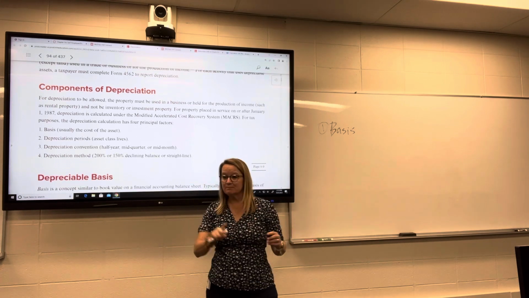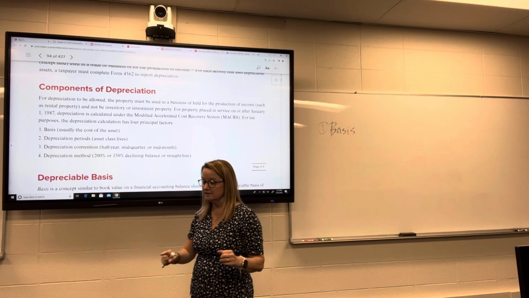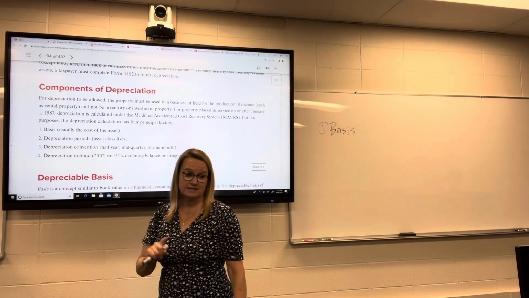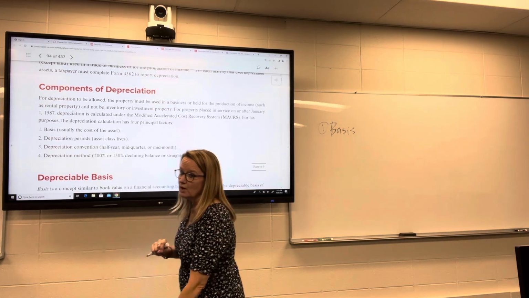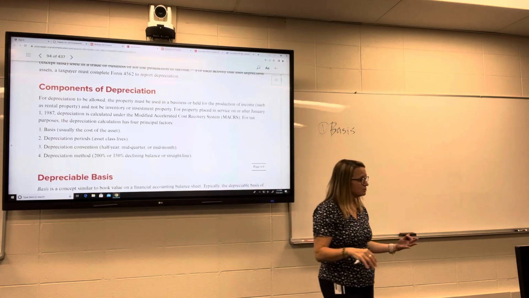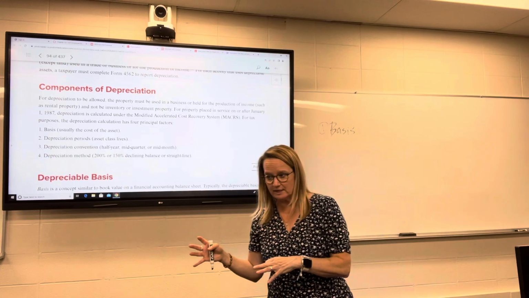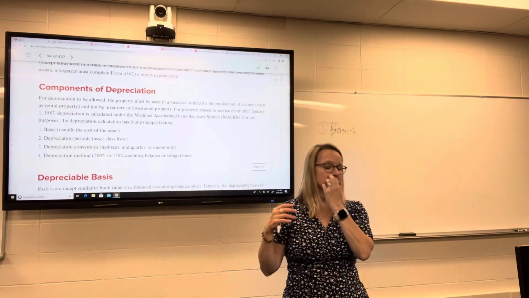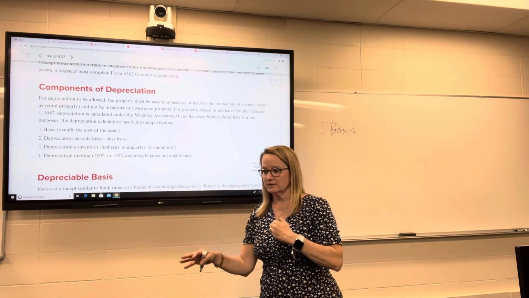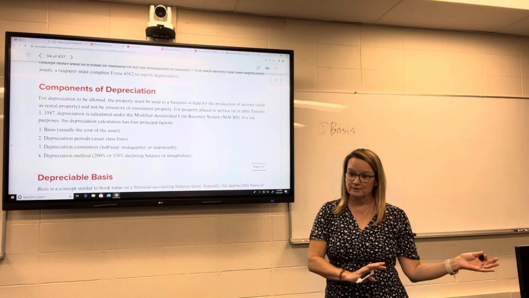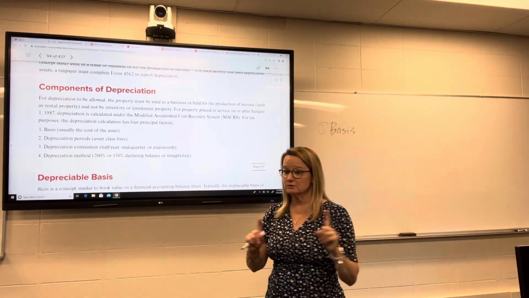Based on the type of asset it is, the IRS determines what that class life is. We have a couple different classifications of assets. We have real property, which is real estate, land, that sort of thing. And then we have personal property, not to be confused with personal use property.